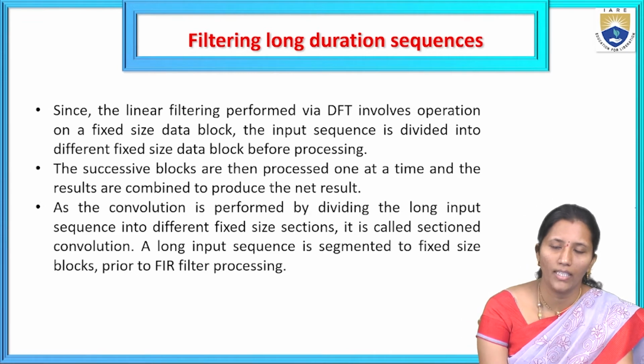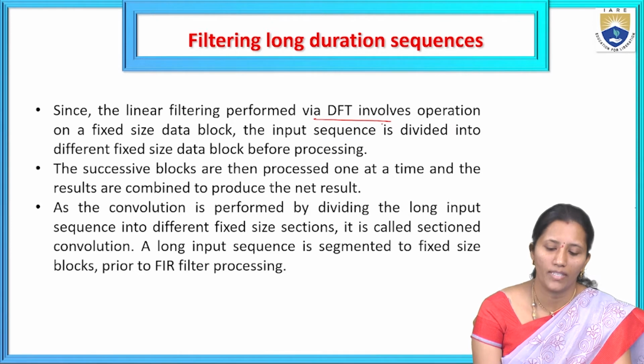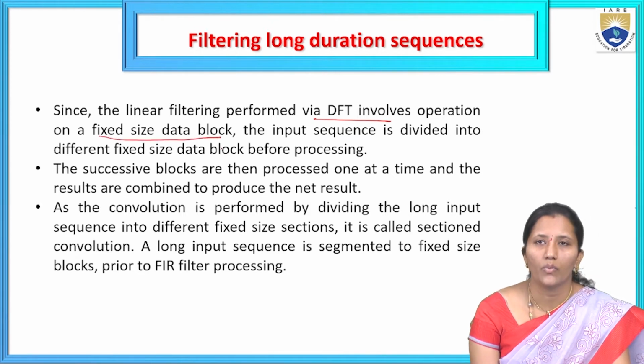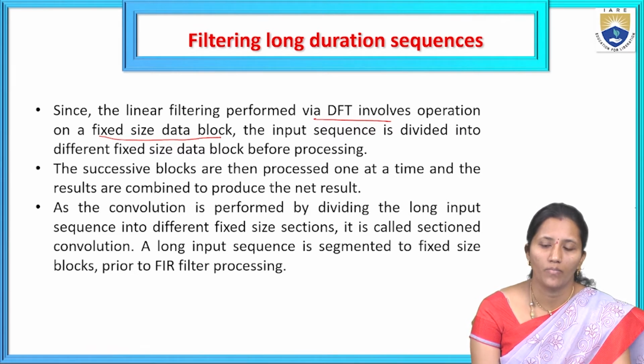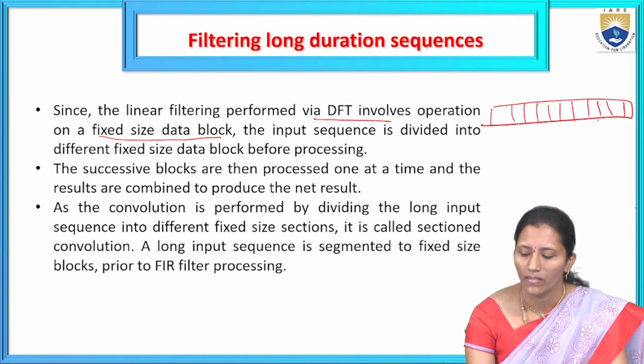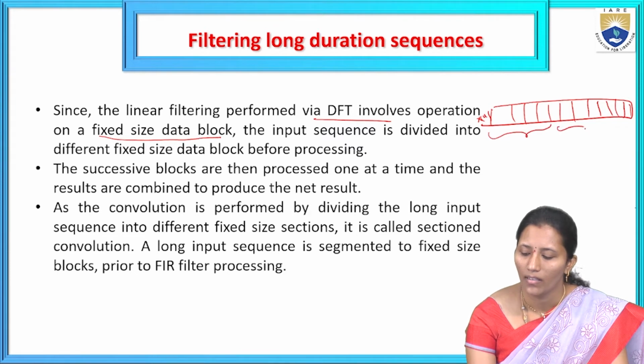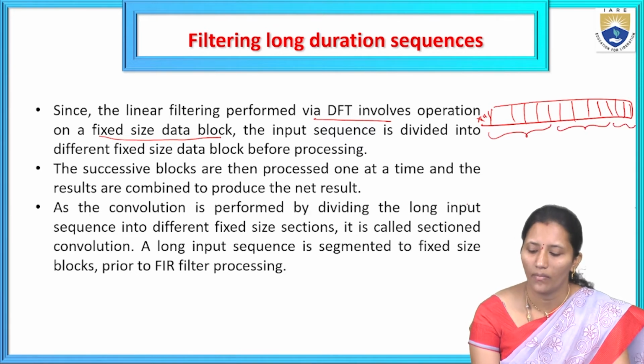Since linear filtering performed via DFT involves operation on a fixed size data block, the input sequence is divided into different fixed size data blocks before processing. So whatever the long duration input x of n we have, we segment into input blocks, and we get x1 of n and x2 of n like that.